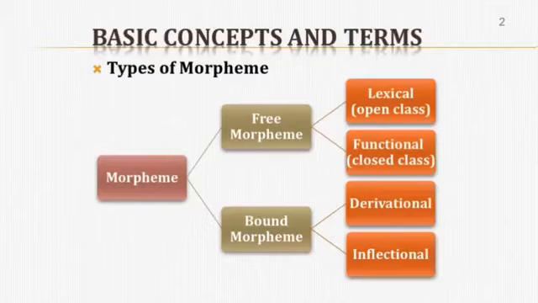For instance, the words teach and teacher. The ER you add means something different. Teach and teacher mean different things. So the ER is a derivational bound morpheme that is used to create a new word that means something different from the original teach. It refers to the person, it changes from verb to noun.